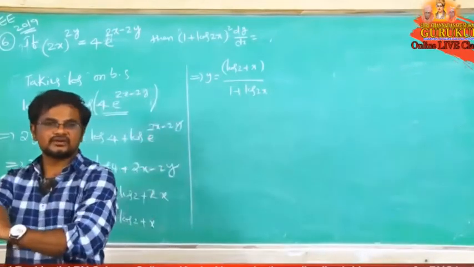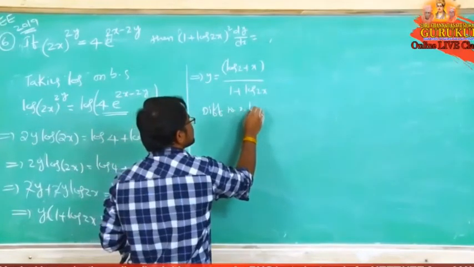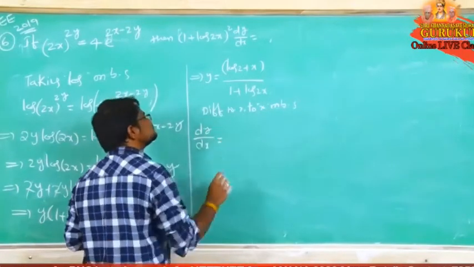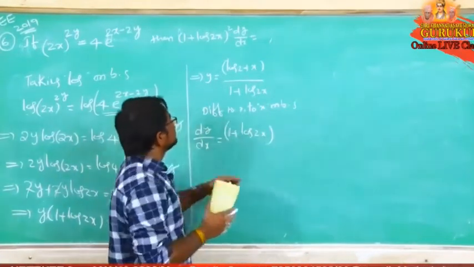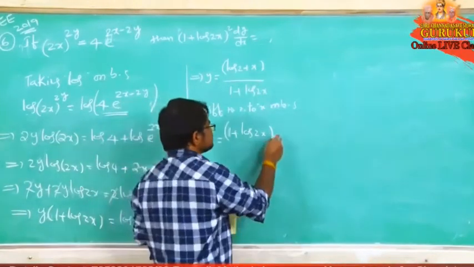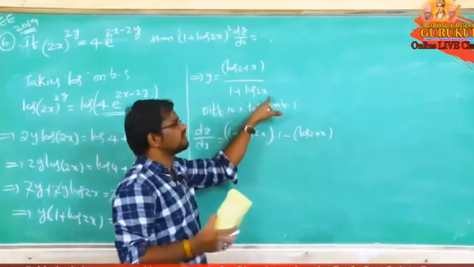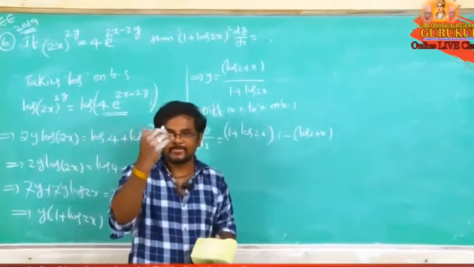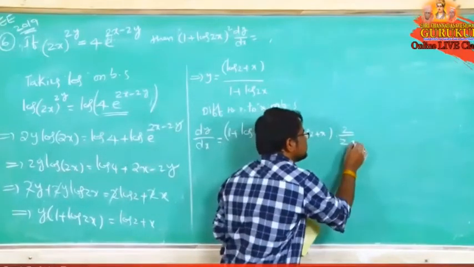Now quotient rule. Differentiating with respect to x on both the sides. dy by dx equal to v, that is 1 plus log of 2x, into differentiation of this one: log 2 is 0, differentiation of x is 1, minus (log 2 plus x) into differentiation of 1 plus log 2x: differentiation of 1 is 0, differentiation of log 2x is 1 by 2x, again differentiation of 2x is 2, means 2 by 2x, right?